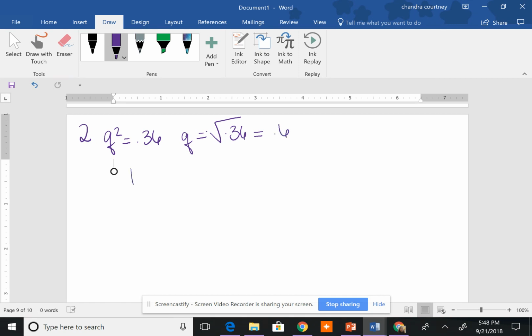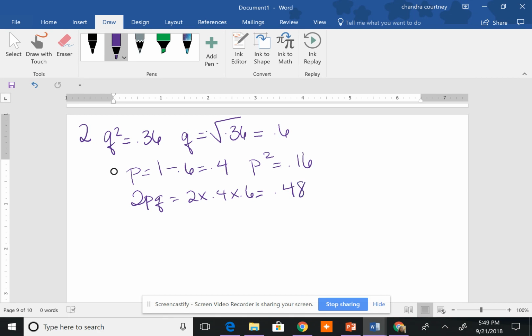P will be equal to 1 minus 0.6, so 0.4, and P squared will be 0.4 times itself, or 0.16. 2PQ is going to be 2 times 0.4 times 0.6, which would give you 0.48.